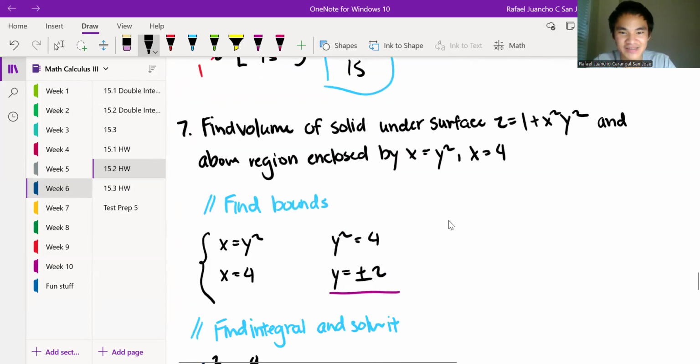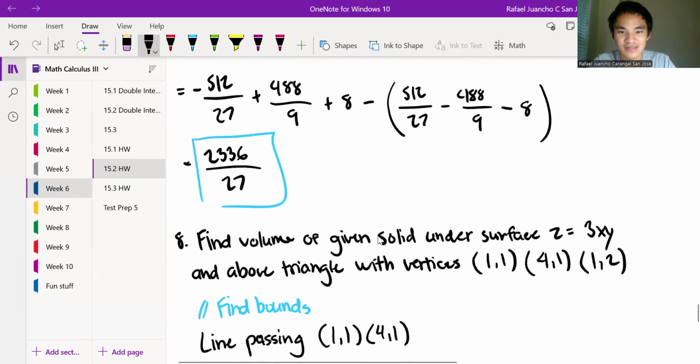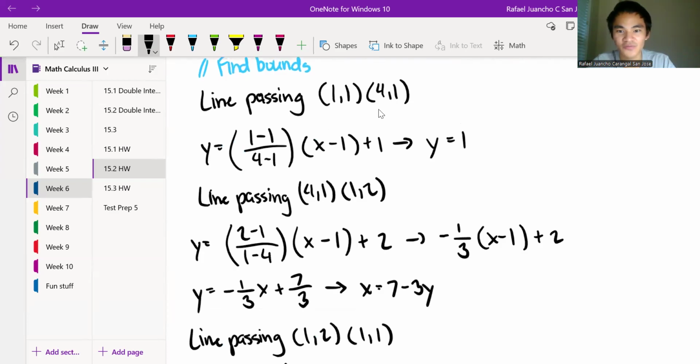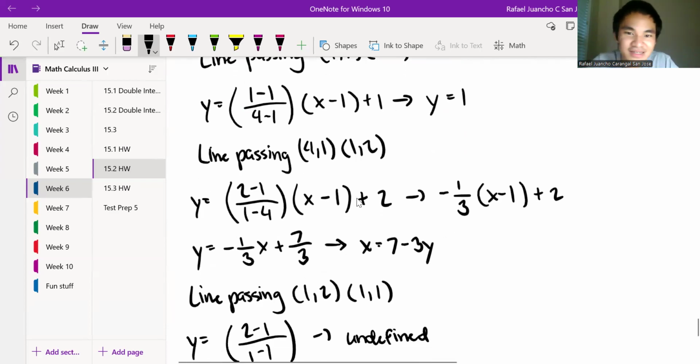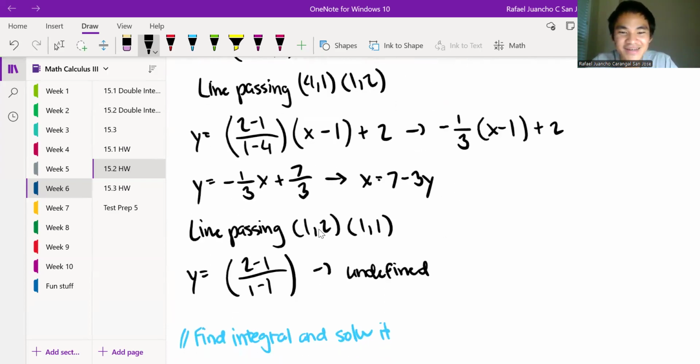So here's the same idea. Okay? When y is 1 to 4, that's 1. But the moment I go from 4 to 1, oh, 1 to 1 is undefined, right?